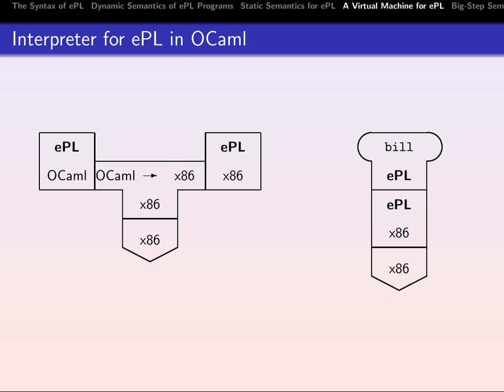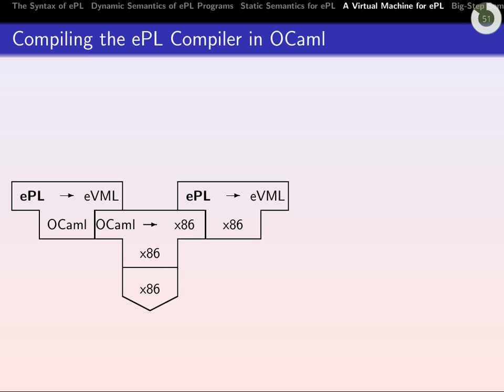All right, and how about using our own virtual machine, which we called EVML? We take EPL and we have written a compiler from EPL into EVML, and let's say we write that compiler in OCaml. You would have one lab on that.